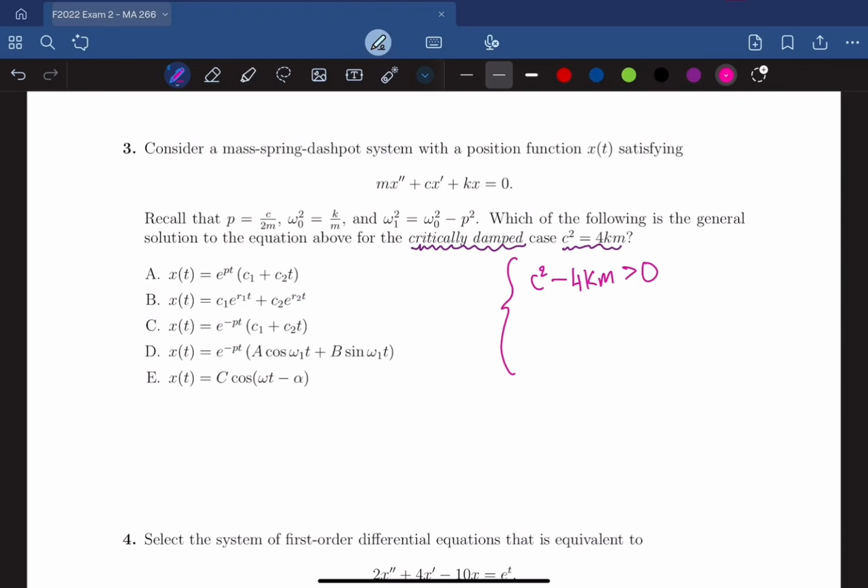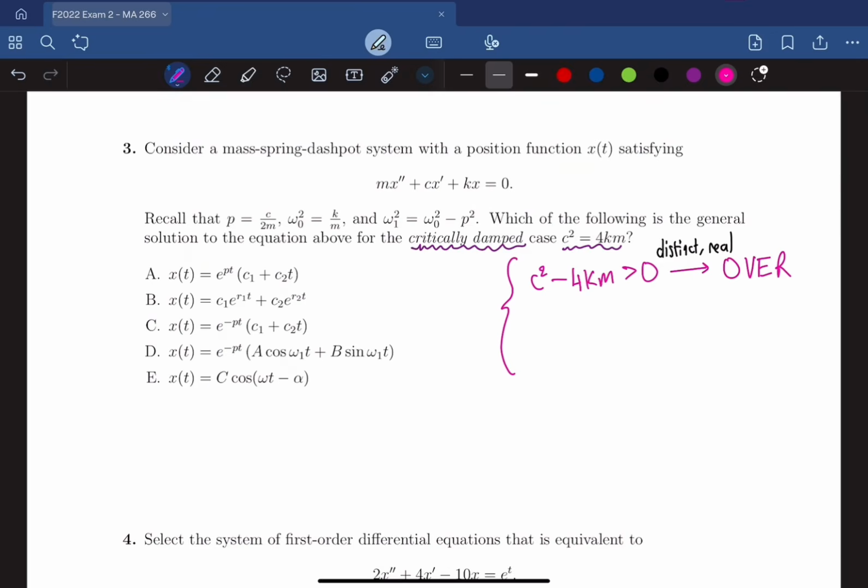So if that's positive, then thinking about how your quadratic formula is going to break down after that, you're going to get distinct real roots. So your roots here are going to be distinct, and they're going to be real. And it's going to result in an overdamped system.